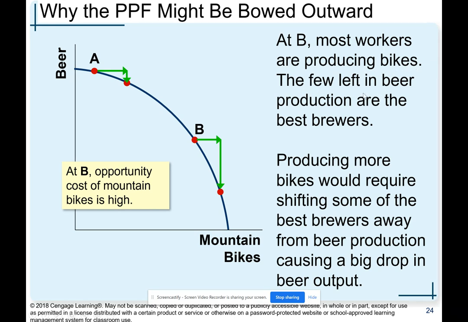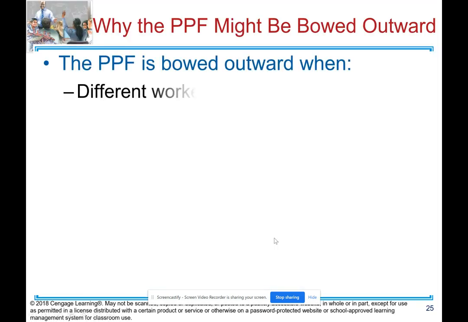The few left in beer production are the best brewers. So producing more bikes would require shifting some of the best brewers away from beer production, causing a big drop in beer output. The cost has increased as we produce more and more mountain bikes.